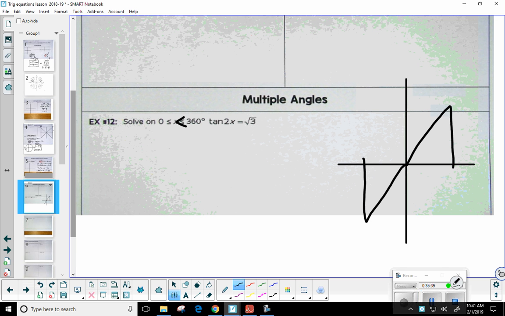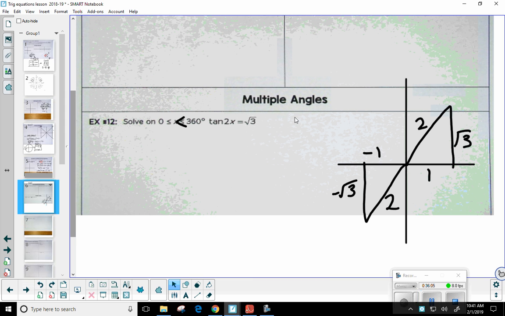So wait, why did he go in 1 and 3? What helped him make that decision? Because it's positive. Those two quadrants are where tangent's going to be positive. Okay, and we just forgot one negative. There you go. So that would be 2.